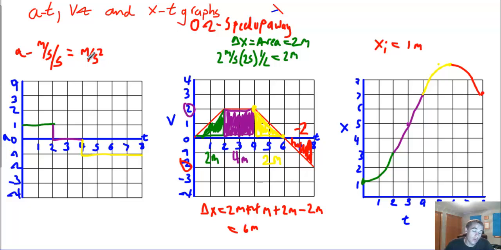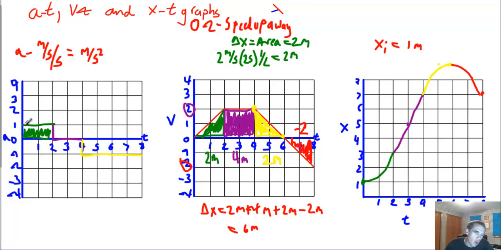Okay, so just like before, an acceleration graph is generated by graphing the slope of a velocity time graph. And just like before, if I look at the area under an acceleration time graph, I'm going to get the change in velocity for that time interval. Let me demonstrate. Okay, so if we take this first time interval from 0 to 2 seconds, if I find the area of this section, that's just a rectangle.